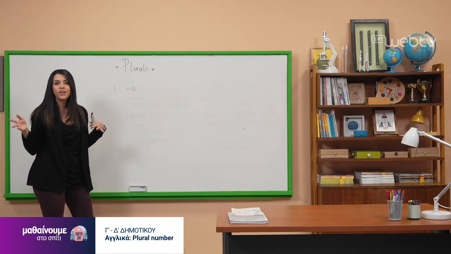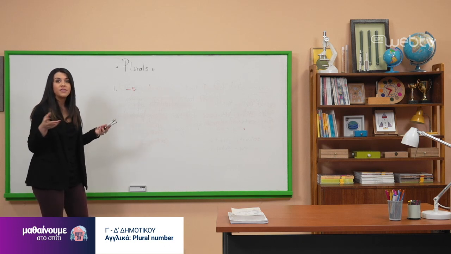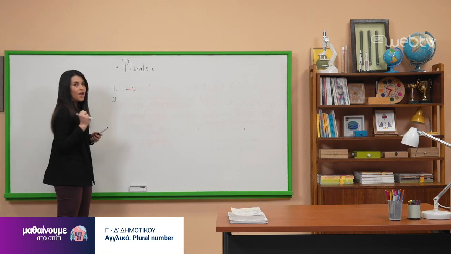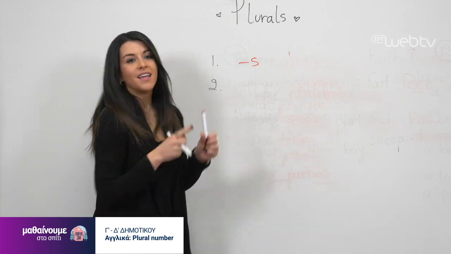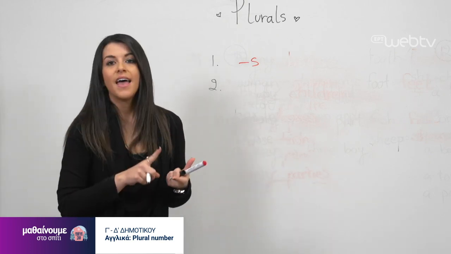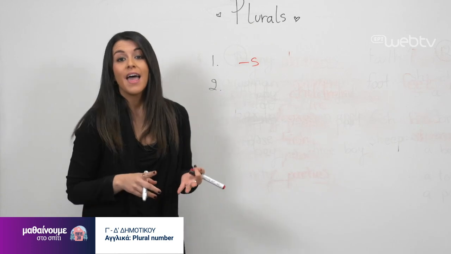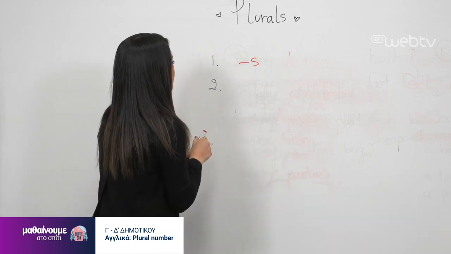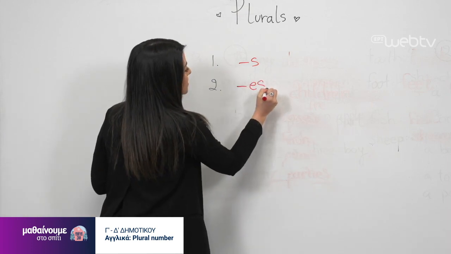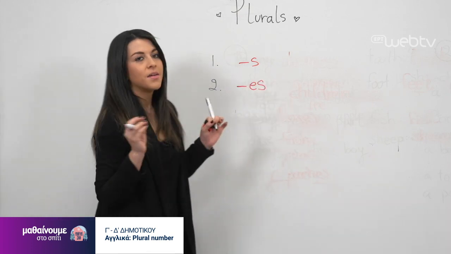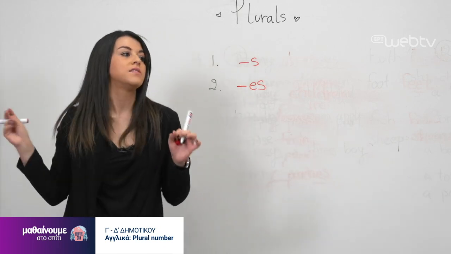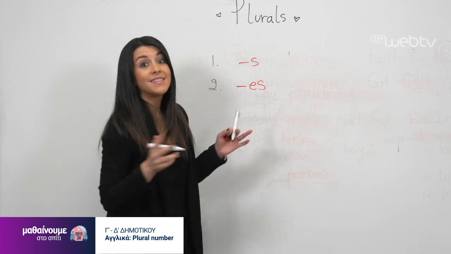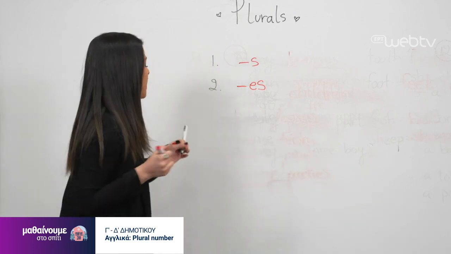Pen, pens, marker, markers, board, boards, table, tables, etc. Number two. When we have S in the end, SH, CH, X, and O sometimes, we put in the end ES, okay? Box, boxes, fox, foxes, potato, potatoes, brush, brushes. So dress, dresses, right? There are many words.